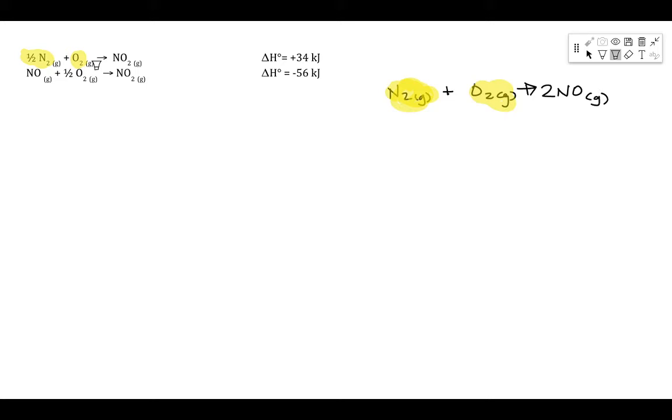I don't need to change the coefficients. However, if you take a look at the N2, at the nitrogen, the reference reaction has a coefficient of 0.5, whereas the target equation has a coefficient of 1. So the N2 and the O2 are telling me 2 conflicting things. When you're in a situation like this, it helps to compare the other reference equation as well.